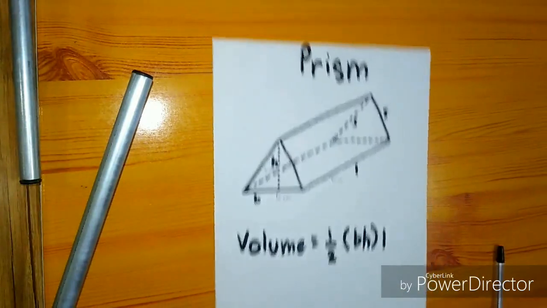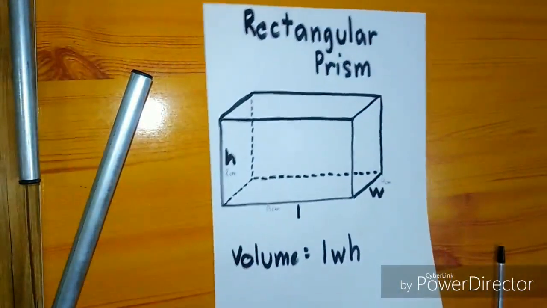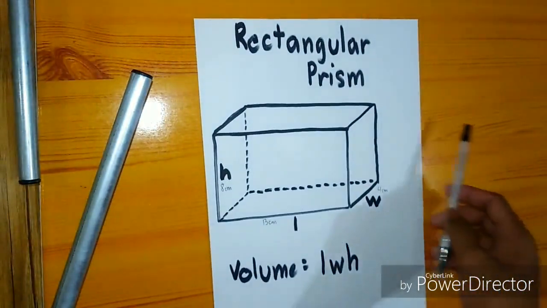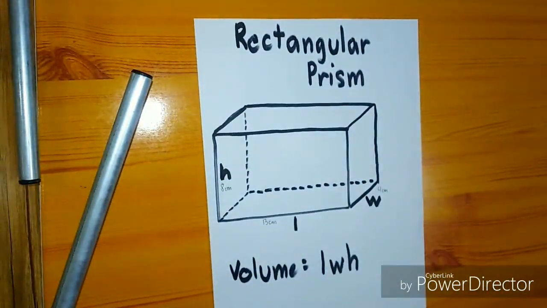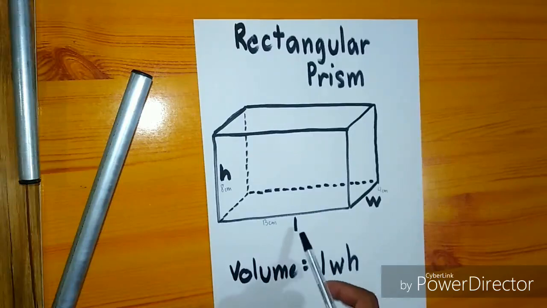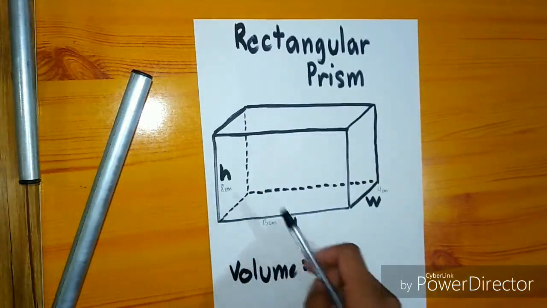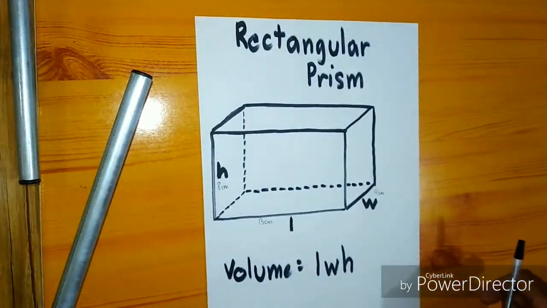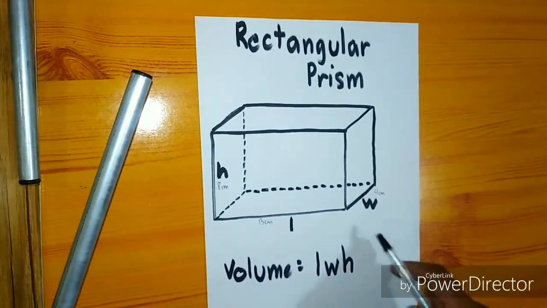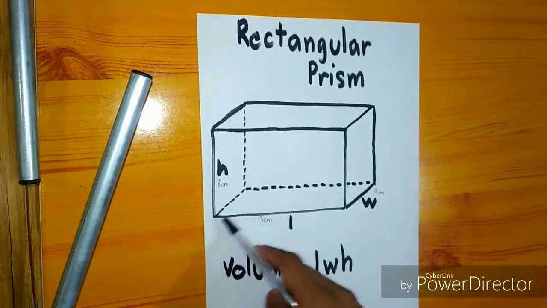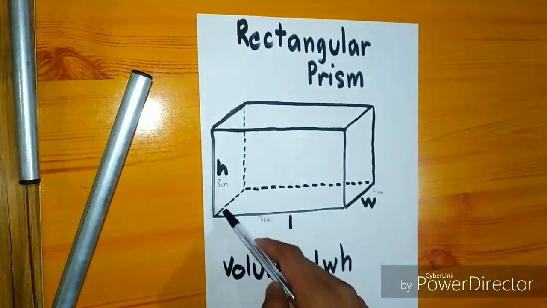So to the next spatial figure, the rectangular prism. This is one of the most common spatial figures in the physical world. As I explained earlier, it has vertices, edges, and faces, and it has the special characteristics of length, width, and height. This is the length, this is the width, and this is the height.